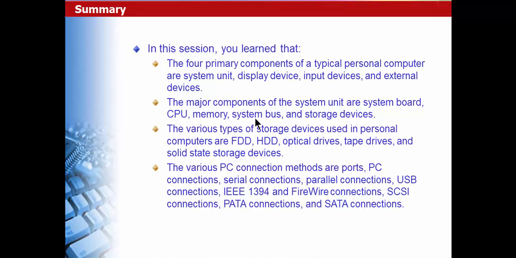And also we have seen the various PC connections like serial ATA, parallel ATA, USB connections, FireWire, PATA, and SATA connections. So this is all about the introduction to the computer components, hardware devices, and system connections.